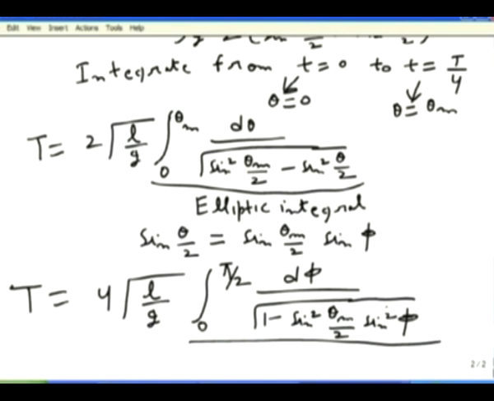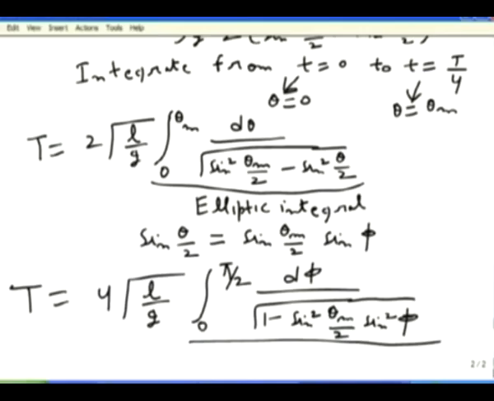Now, the value of the integral depends on the value of theta m. These values have been tabulated, which I am not showing here, but they are available in any book of mathematical tables.